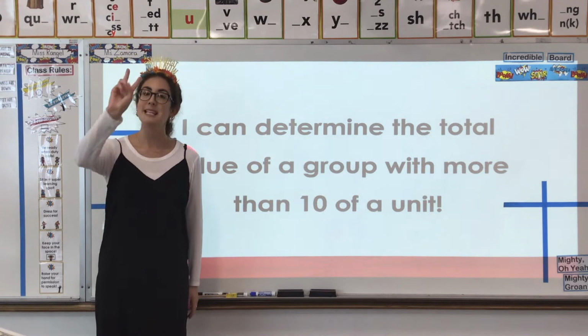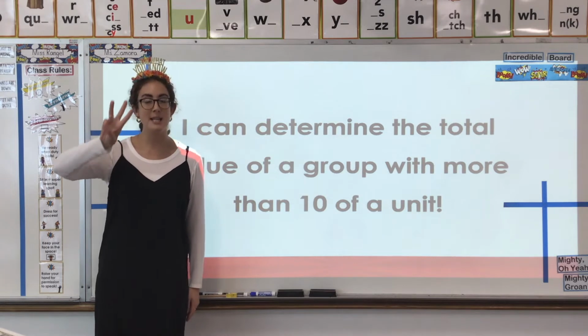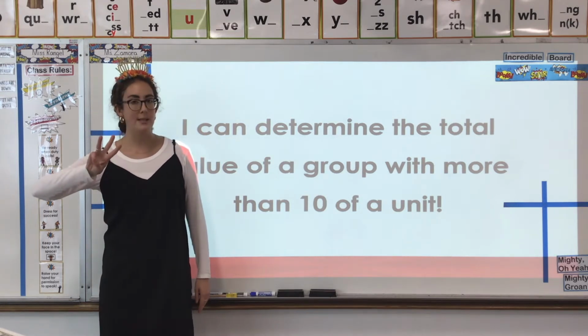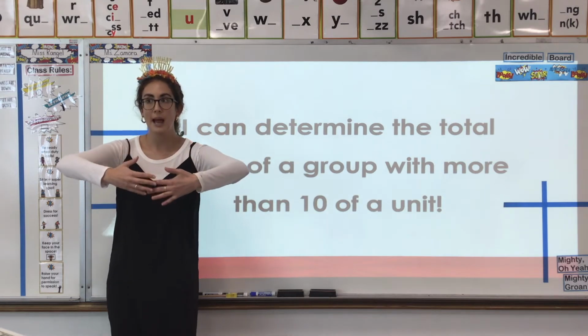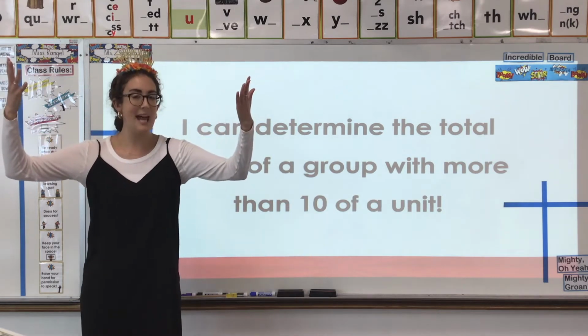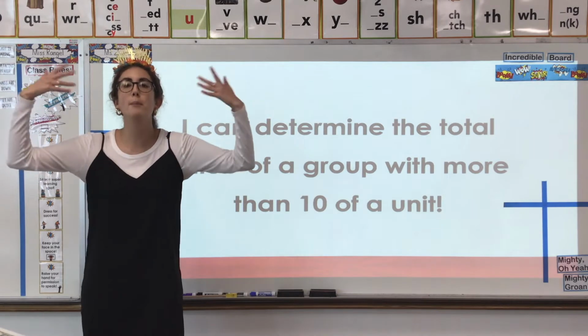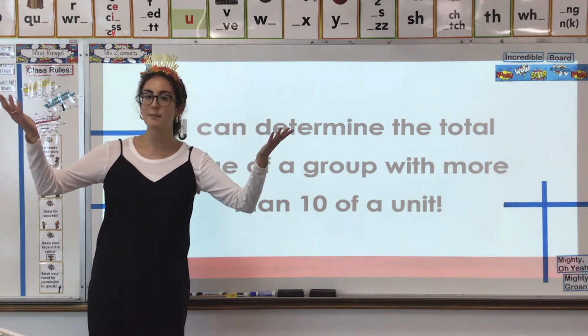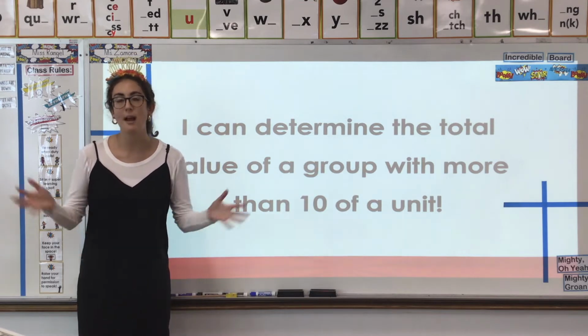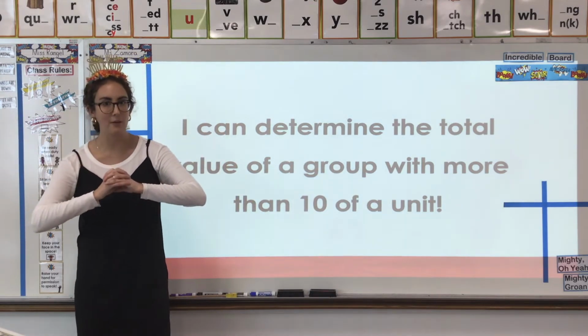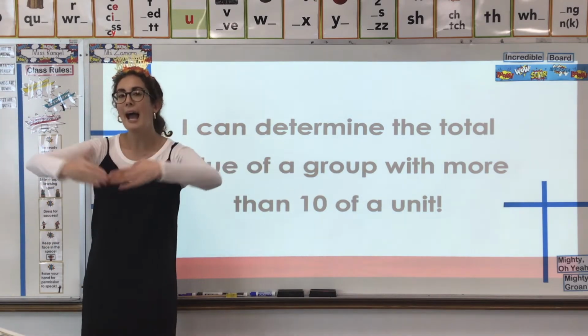Hundreds, tens, and ones. Those are all units. So what happens when we're given a group that has more than 10 tens or more than 10 ones? It's going to require us to use our place value and our bundling skills to figure out how much do we have in all.